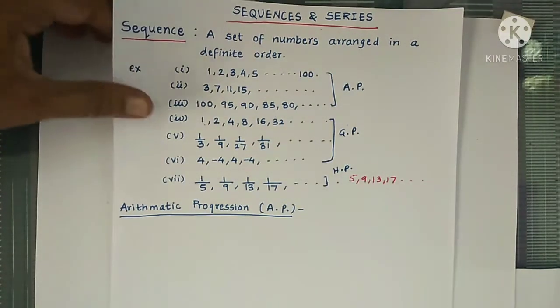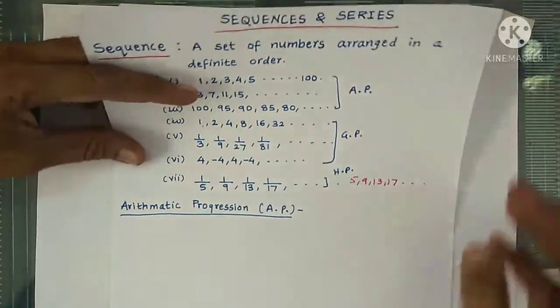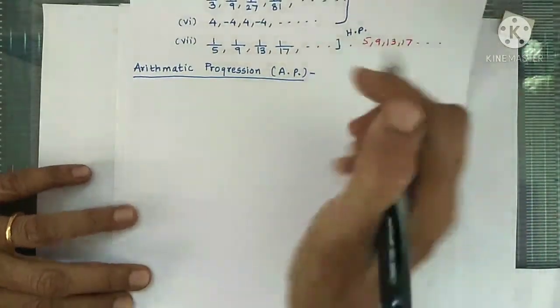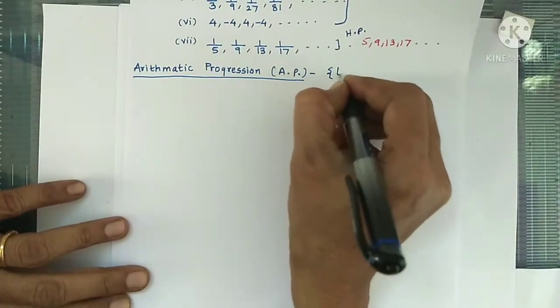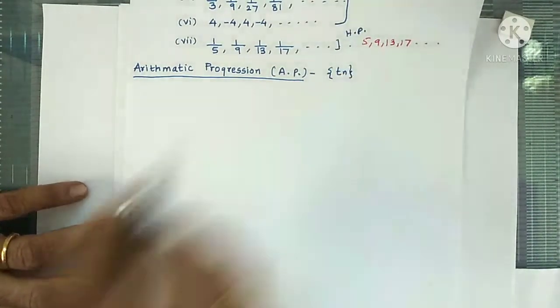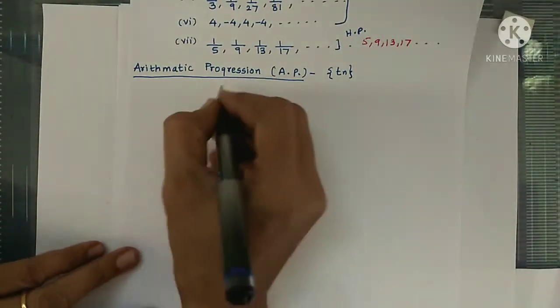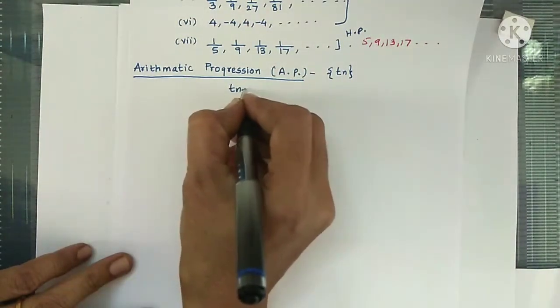So let's first revise what AP is. A sequence is always denoted by Tn in curly brackets, where Tn stands for the nth term. For arithmetic progression, the definition is that the difference is constant.